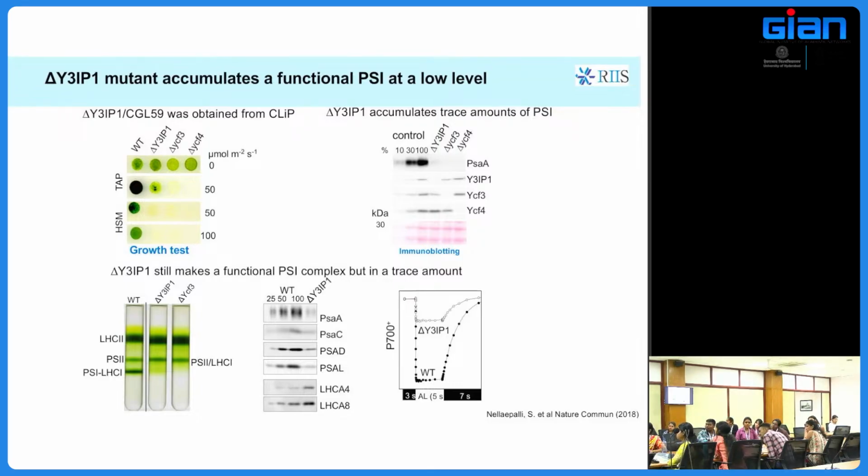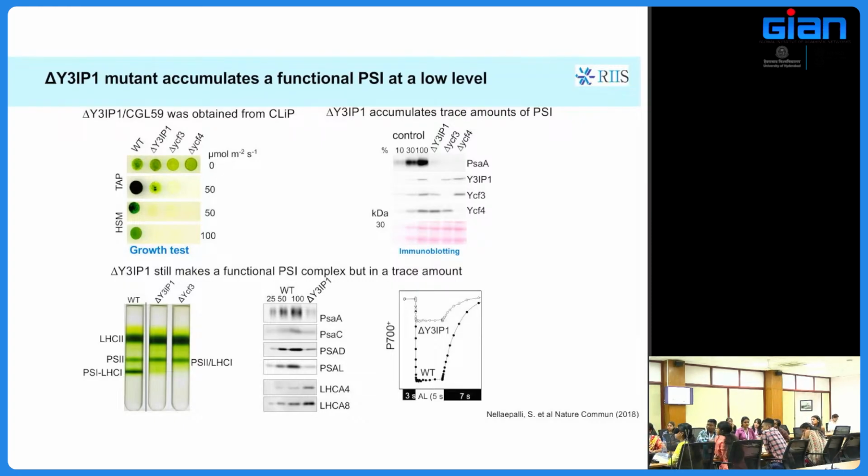PS2 supplies electrons to PS1. Under strong light, if PS1 works, it generates a lot of reactive oxygen species. But if PS2 is damaged, electrons will not be provided to PS1, so without electrons PS1 probably generates much less reactive oxygen species.